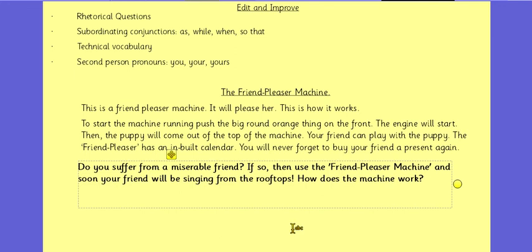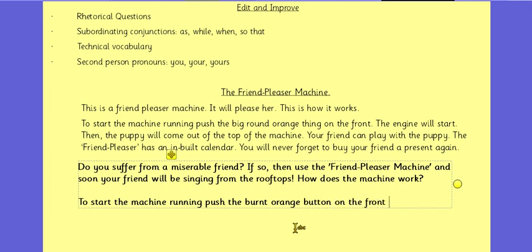So, to start the machine running, push the big round orange thing. That's not technical vocabulary, so I'm going to have push the burnt orange button on the front of the machine.